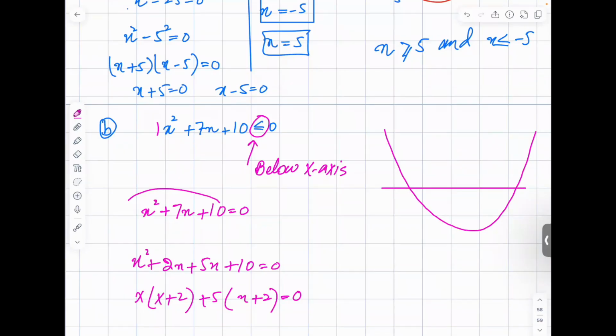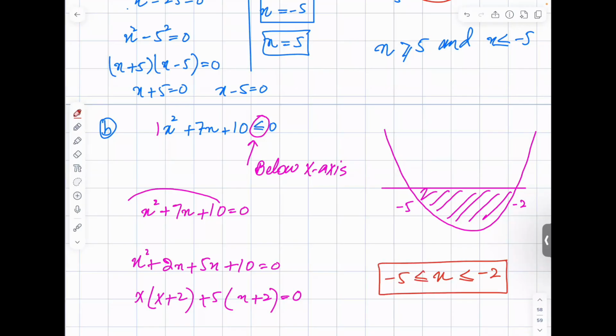So that's minus 5, that's minus 2. Now below x-axis, this portion of the graph would be my answer, right? So here you go. x has to be less than equal to minus 2, greater than equal to minus 5, right? Is that clear? Yes, sir. Done?